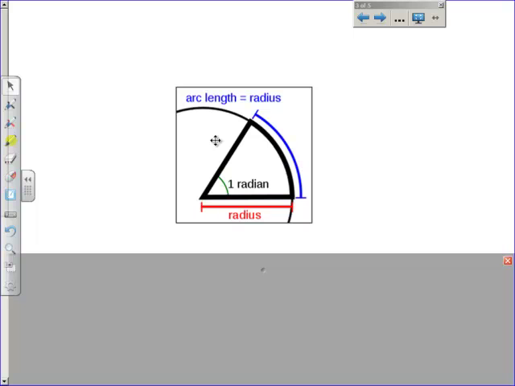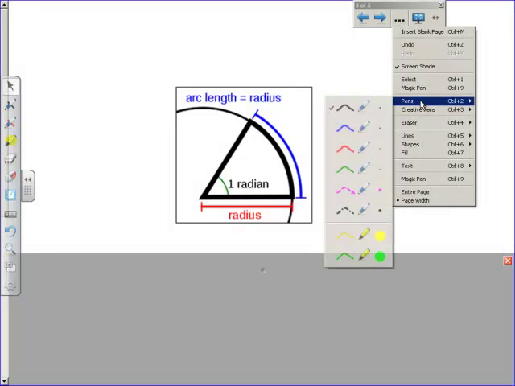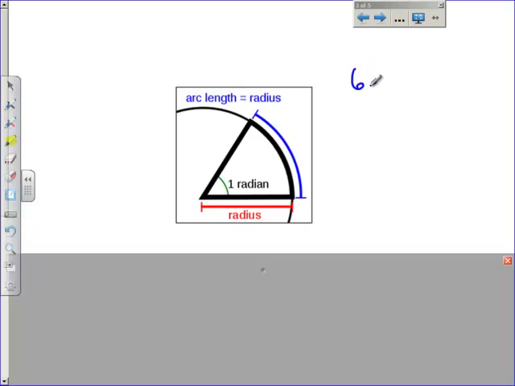Now, there happen to be a little over 6 of these in every circle. No matter how big the circle is, you can go around the circle a little more than 6 of these radians. Actually, it works out to be closer to about 6.28 radians in one circle, and I'll call that 360 degrees.